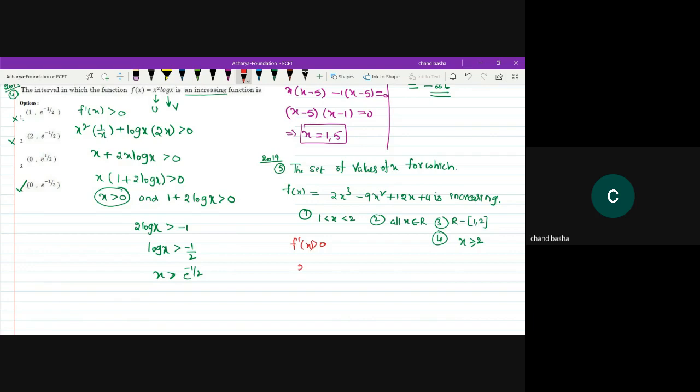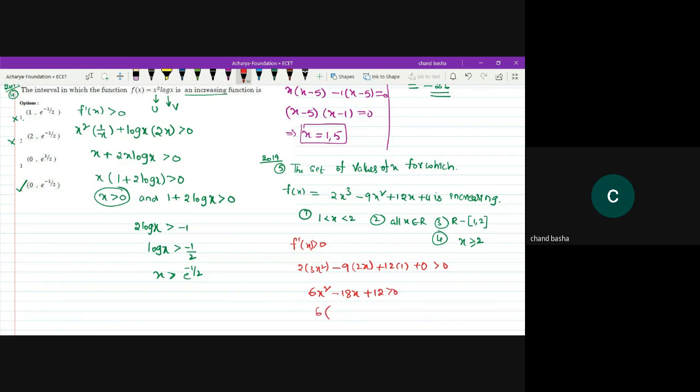So take the derivative of this function. That is 2 into 3x square minus 9 into 2x plus 12 into 1 plus 0, which is greater than 0. 6x square minus 18 times x plus 12, which is greater than 0.